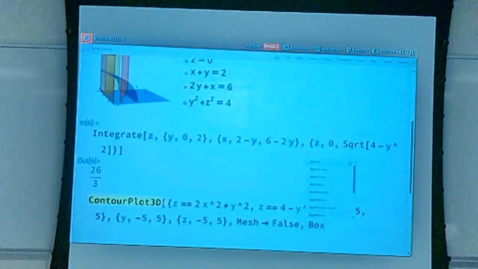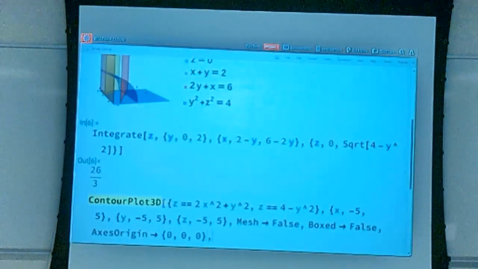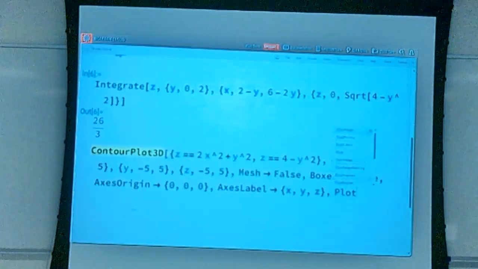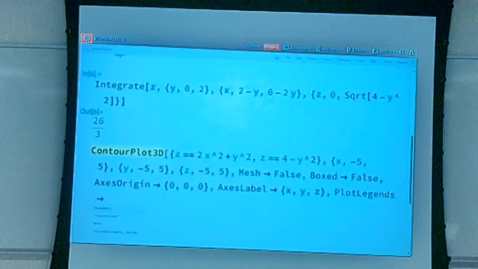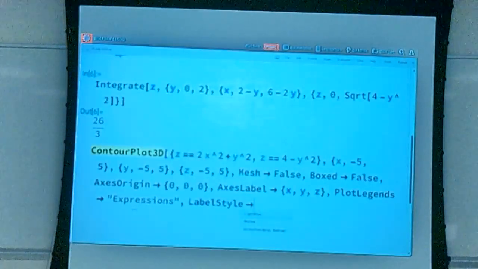Mesh, box, set, origin to origin. Axes. Legends. Style.